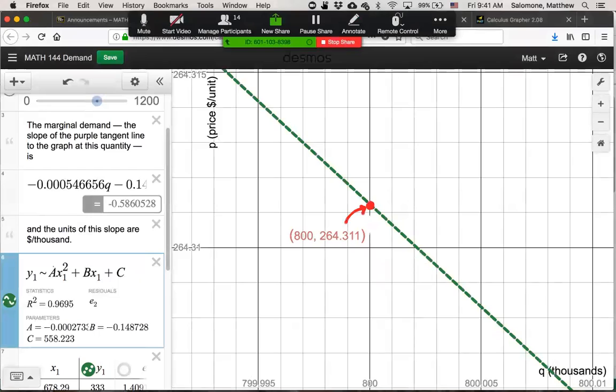So here's my point at Q equals 800. Here would be my point at Q equals 800.001. And we know that the y value at this point was 264.311. This looks like it's maybe 264.3105 or something like that. I'm just kind of estimating based on what the graph looks like.